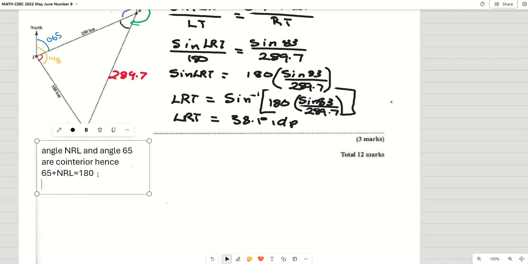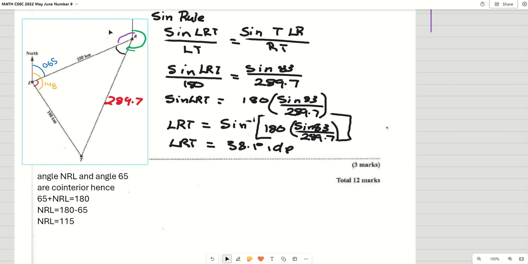So angle NRL is 180 minus 65, which is 115. So our purple angle is 115 and our black angle is 38.1.